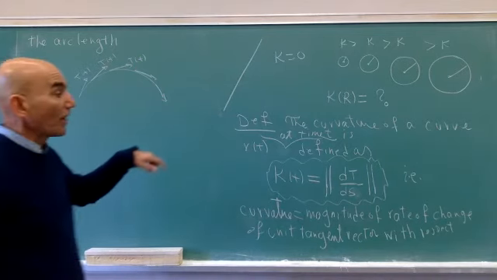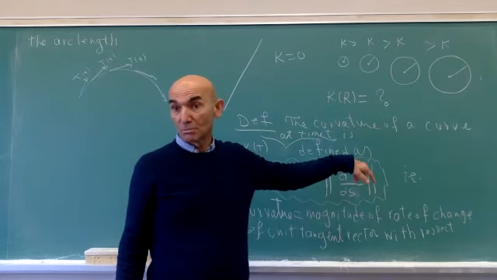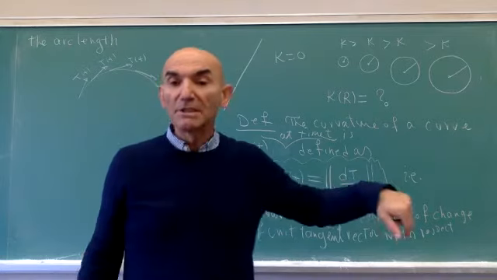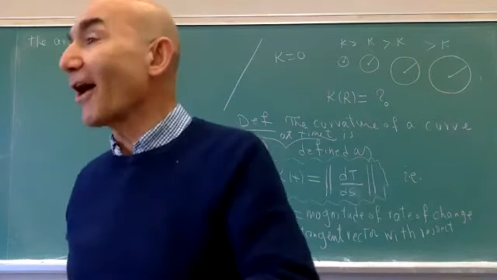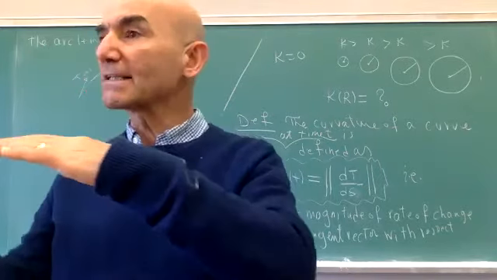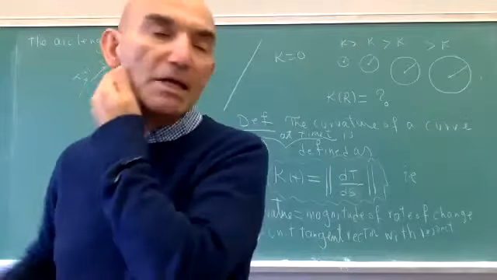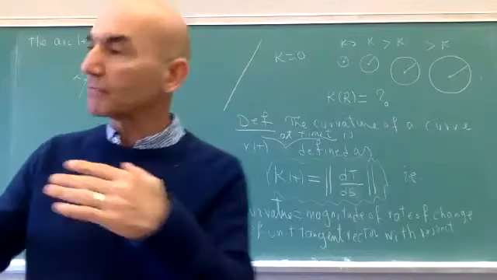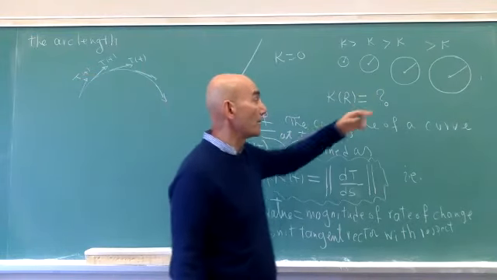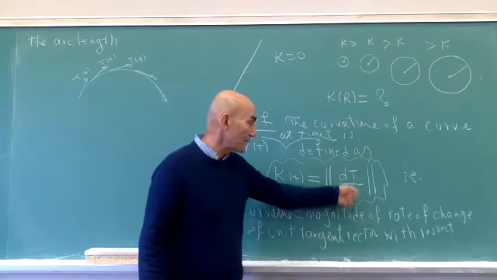It's parameterized in terms of s. So we have changed the parameterization. And we want to measure the rate of change with respect to s, not with respect to time. So we want to measure how fast the tangent vector is changing with respect to arc length, not with respect to time. And so this is the ingenious aspect of this definition.